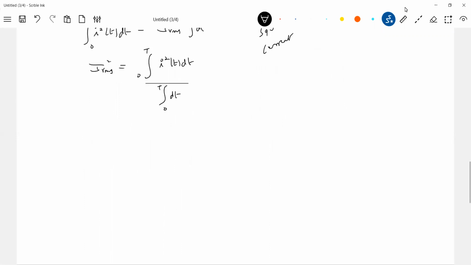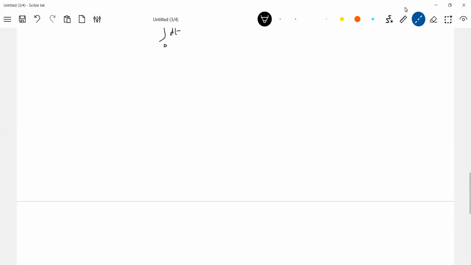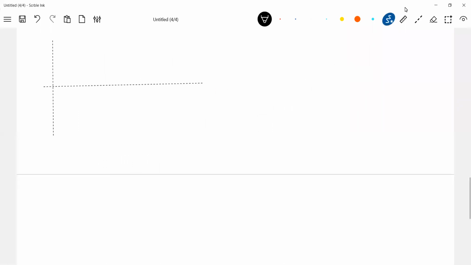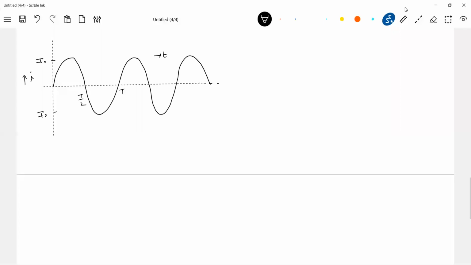First, for a full sine wave. What is the RMS value? This is a chapter which is based more on trigonometry than on physics.